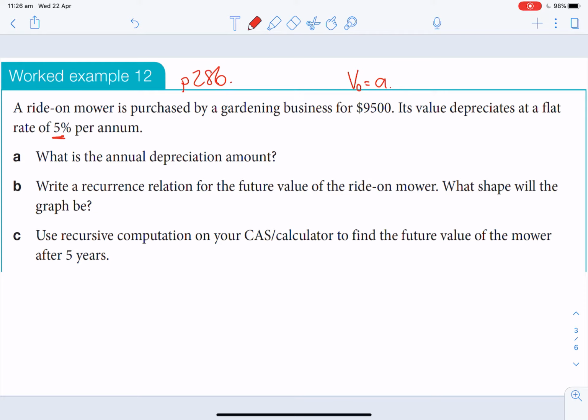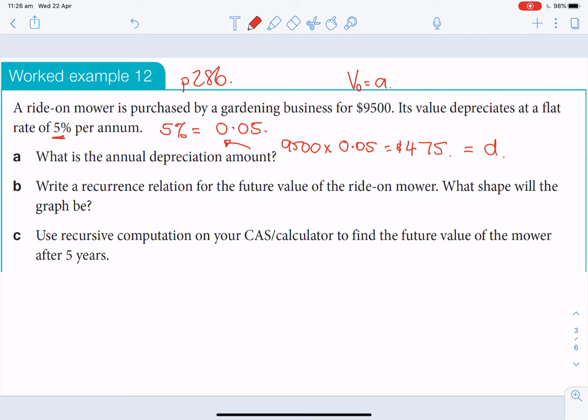I'm going to carry this one up here because I've got a bit more room. 5% is 0.05 when we're talking decimals. So we want to find what 5% of 9,500 is. I put it in my calculator before and I got $475. So that is my D value.